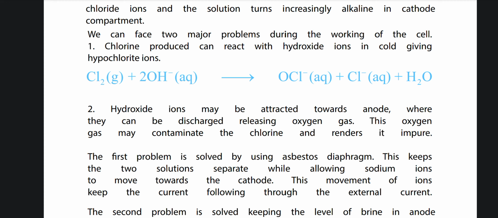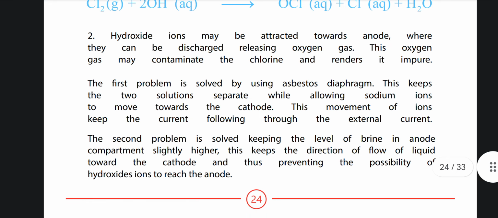Chlorine produced can react with hydroxide ions in cold, giving hypochlorite ions: Cl2 + 2OH- → OCl- + Cl- + H2O. Two hydroxide ions may be attracted towards the anode where they can be discharged, releasing oxygen gas. This oxygen gas may contaminate the chlorine and render it impure.